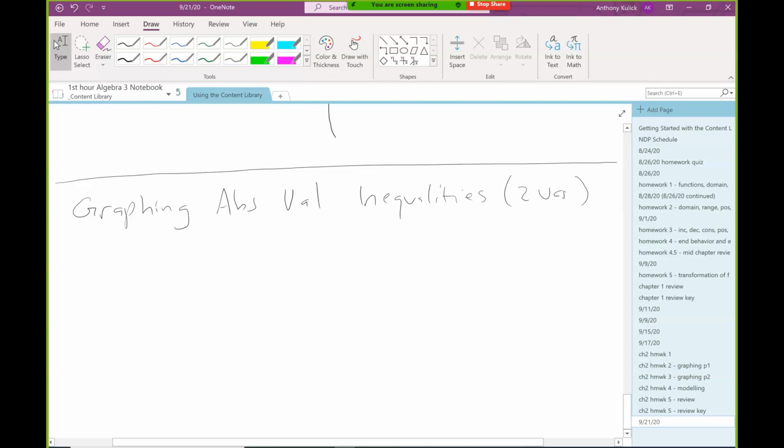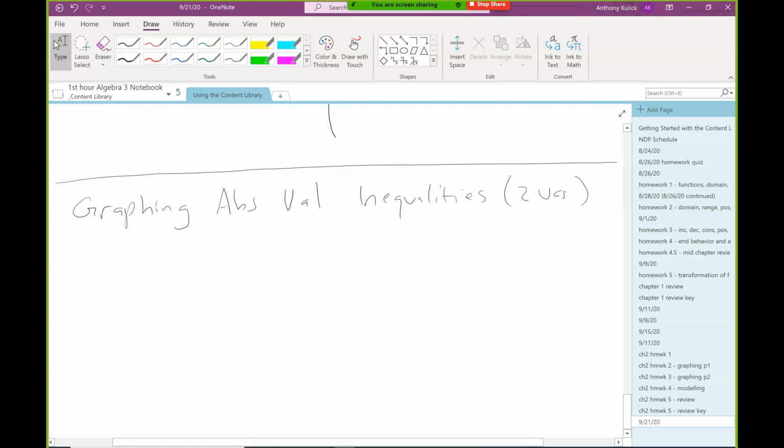And I wrote in parentheses here in 2 variables, not to be confused with when we graphed the inequalities when we did the solving, where we just put them on the number line. So this process is almost identical to graphing an absolute value function. There's 2 small things at the end that we'll talk about that we need to do a little bit differently.